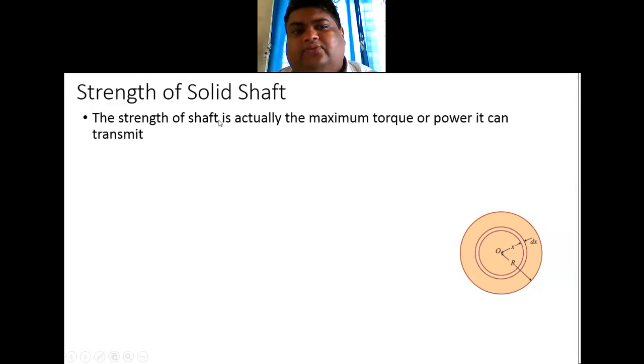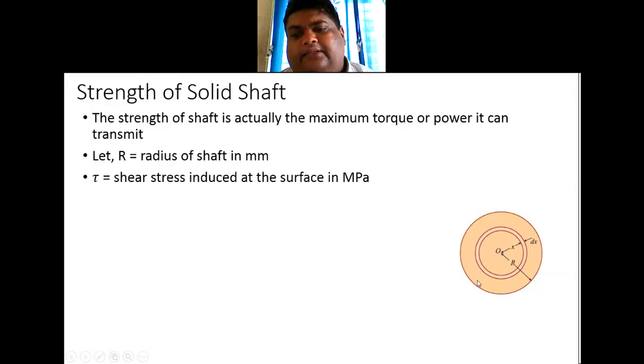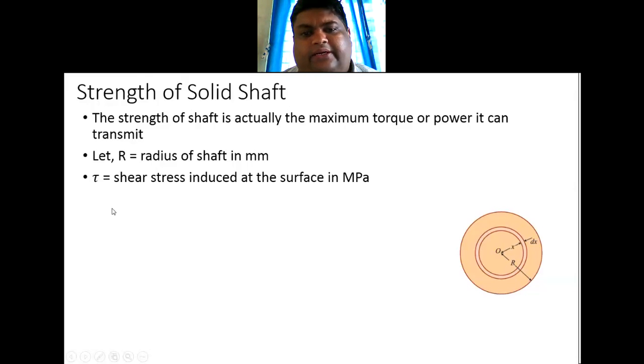The strength of solid shaft or strength of shaft is actually the maximum torque or power it can transmit. Now I have considered a solid circular shaft here of radius r, and the permissible stress in this, or the stress induced in this shaft at the surface, I have taken it as tau.